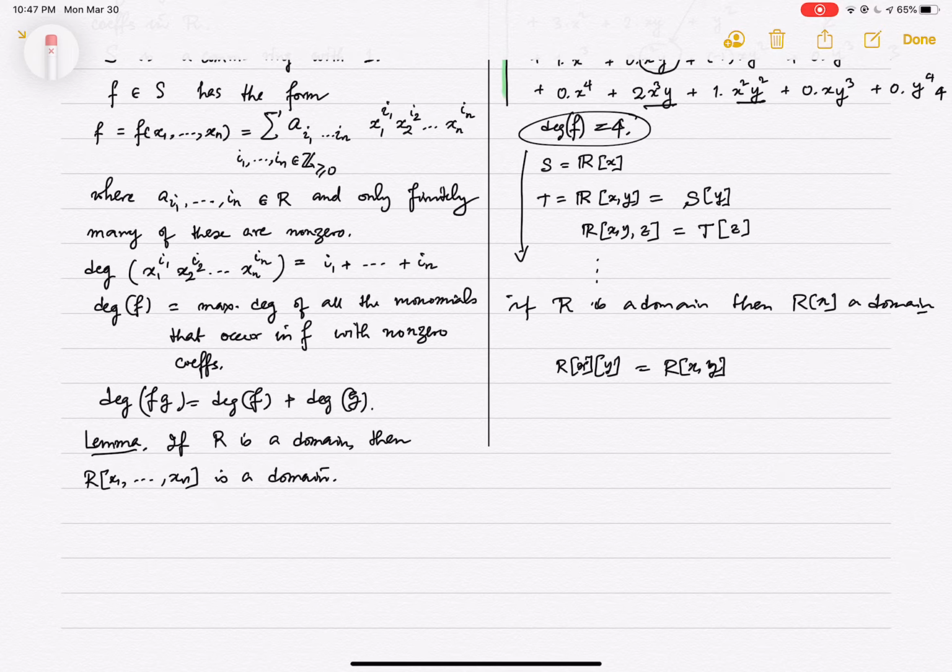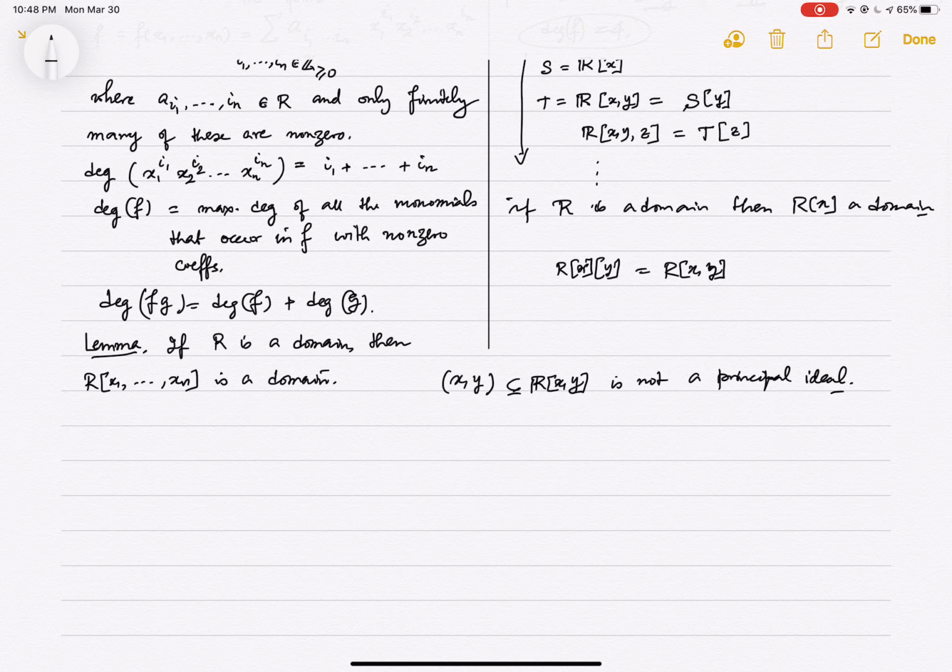So in the 2-variable polynomial ring, for example, we have the ideal generated by x and y in R[x,y]. This is not a principal ideal anymore. So the ideal structure is a lot richer.